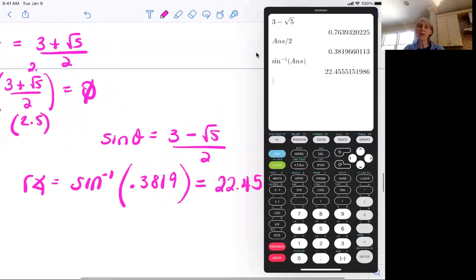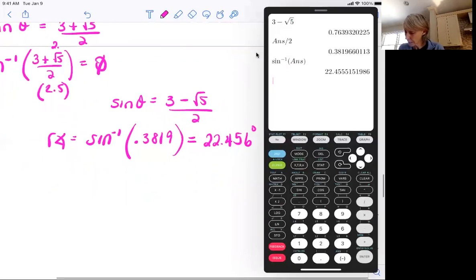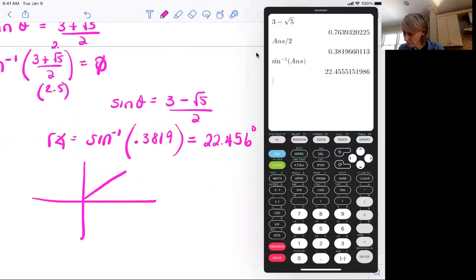So actually it would have probably made more sense to get your decimal first, because remember, when we're solving for the angle, we want to find the positive function value. So it really would have made more sense for me to evaluate each of them and get the decimal value first. Going back here, my reference angle is 22.456, since my function value is positive.